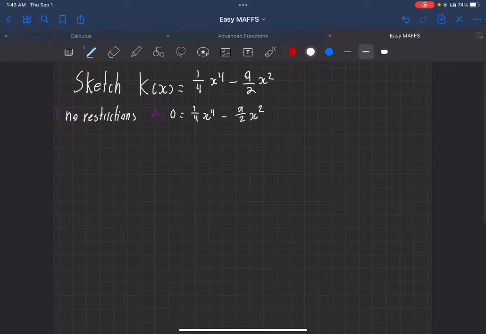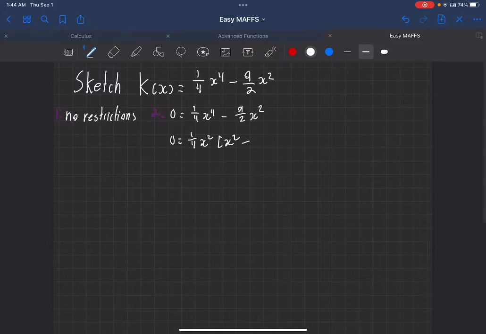And what is a common factor? Well, x squared. Oh, actually, it's 1 over 4 x squared, since 9 over 2 can be divided by 1 over 4. So 0 is equal to 1 over 4 x squared, times x squared, because x to the fourth divided by x squared gives us x squared, and the 1 over 4 divided by 1 over 4 is just 1, so we don't have to write the 1.